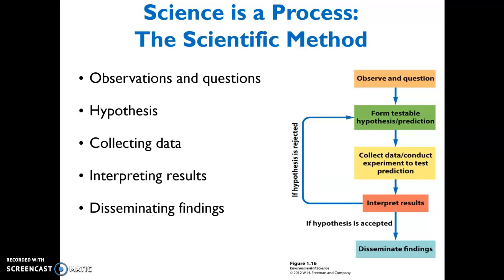So all of these are testable hypotheses. What would not be a hypothesis is something that said, well, aliens came in and killed off 1 billion fish. That's not testable. How would we test whether aliens came in or not? That's not reasonable. So a hypothesis has to be a testable prediction.